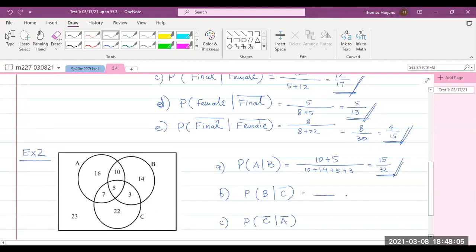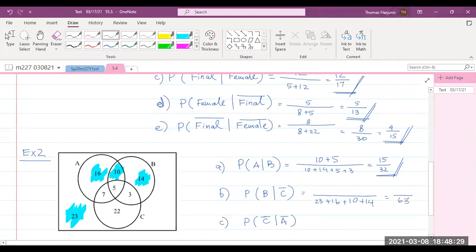Part B, what is the probability of getting an element in B knowing it is outside of C? Outside of C are these numbers. Those are outside of C. 23 plus 16 plus 10 plus 14. That's 63.